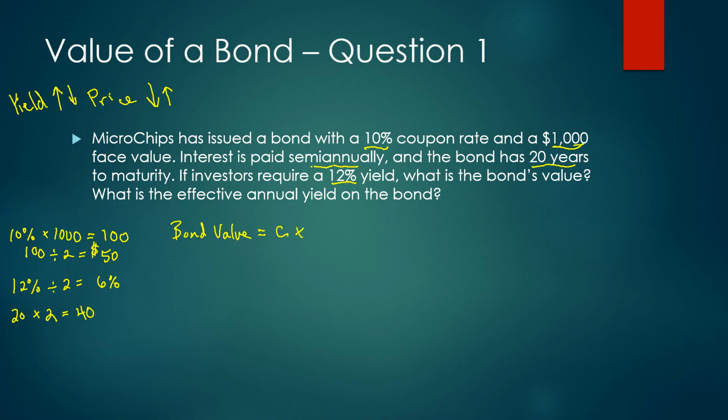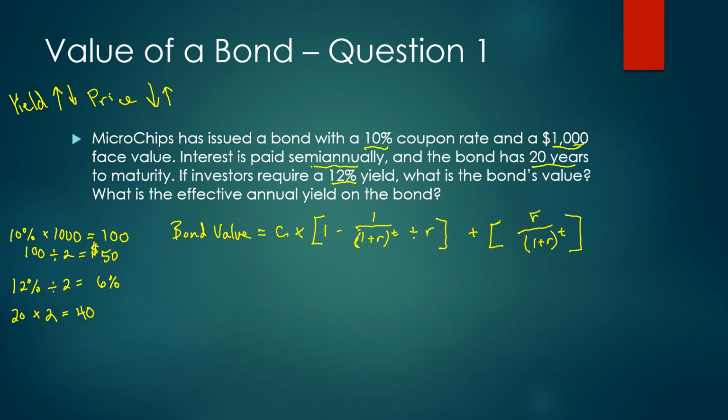That's going to be C times 1 minus 1 over 1 plus R, raised to the T, divided by R, and then that's going to be plus F, which is our face value, divided by 1 plus R raised to the T. Okay, so that's our formula.